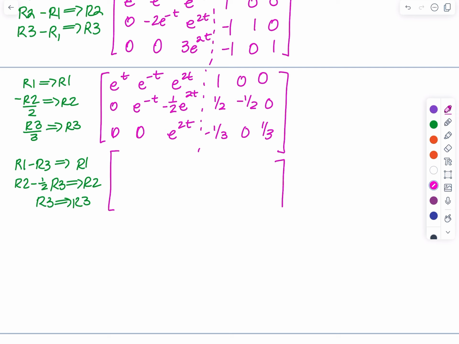So let's take R1 minus R3. And you can see here that we will have e to the t, e to the -t, and 0. And now we have 4/3, 0, and a -1/3.